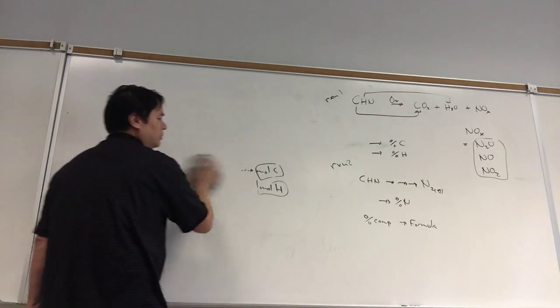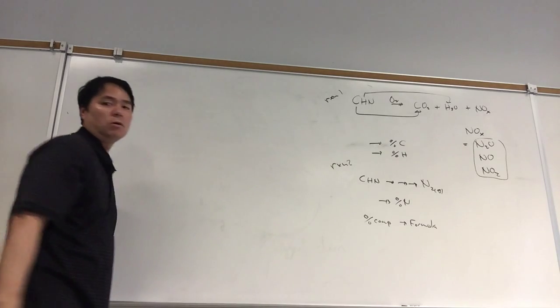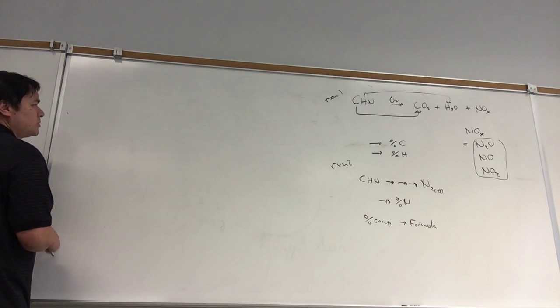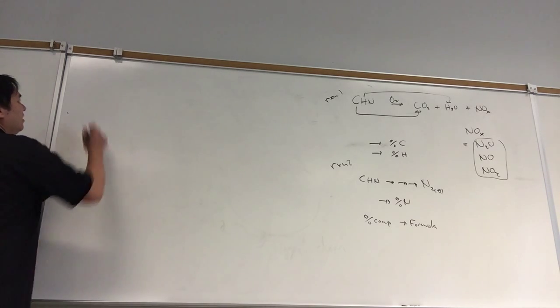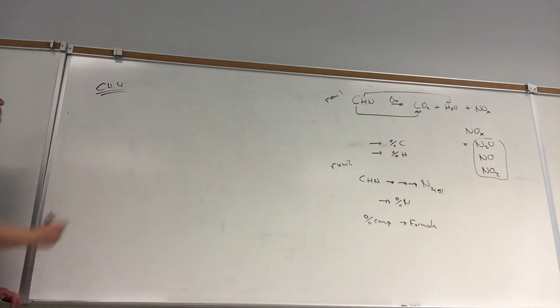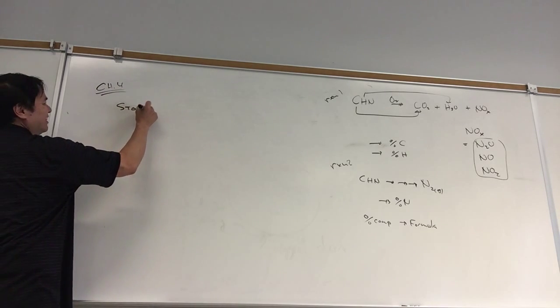There's some stoichiometry problems, using the mole concept here, gram to mole conversions, that kind of stuff. It's presented in chapter 3. We're going to go to chapter 4 next. Chapter 4 deals with stoichiometry.